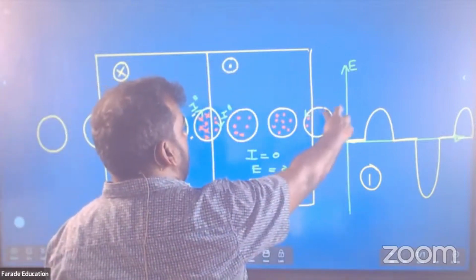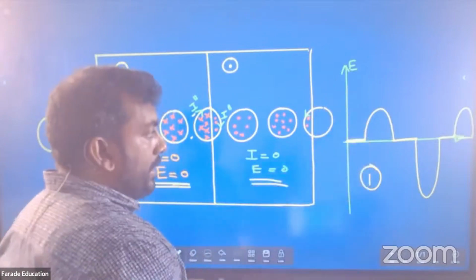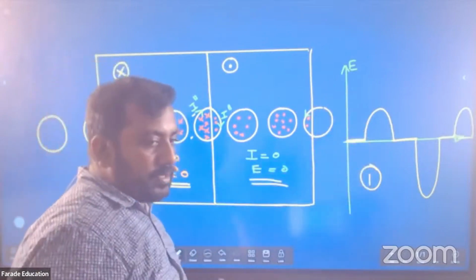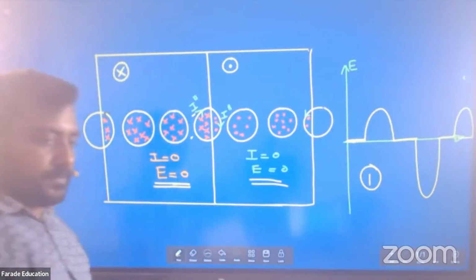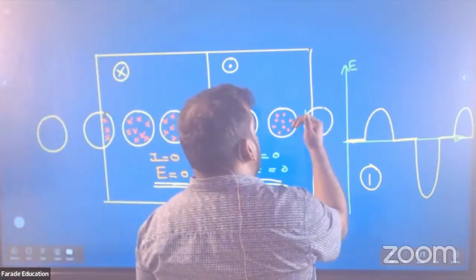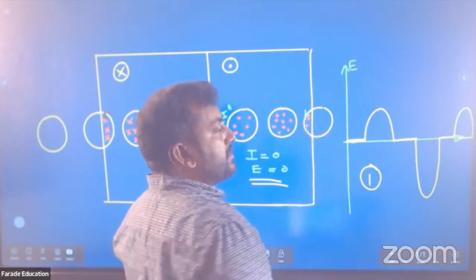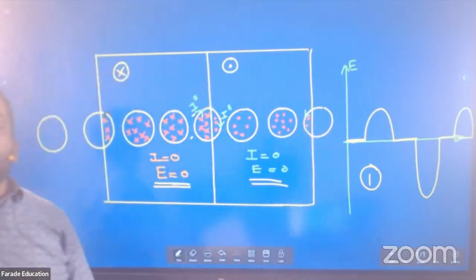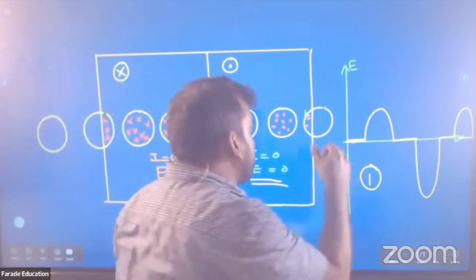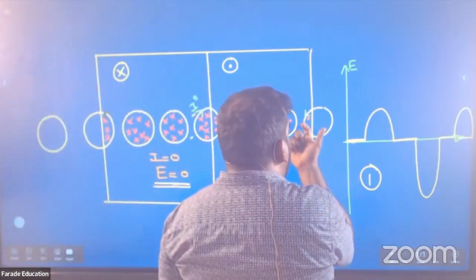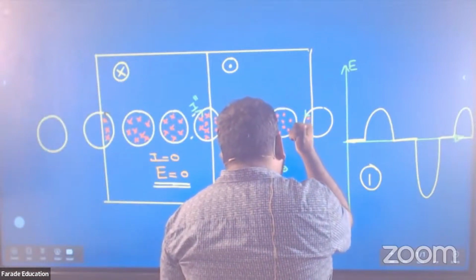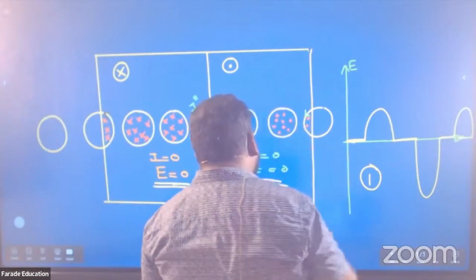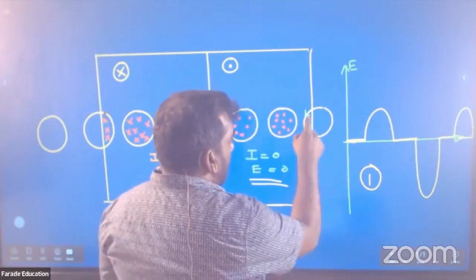And when the circular loop moves out, the number of dots will reduce.